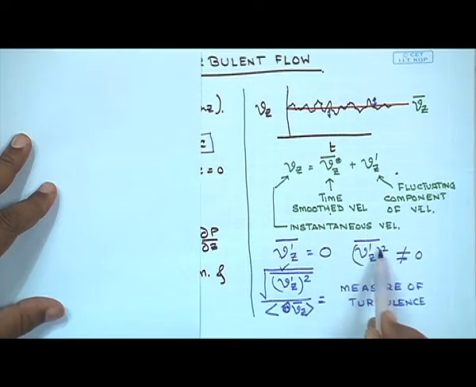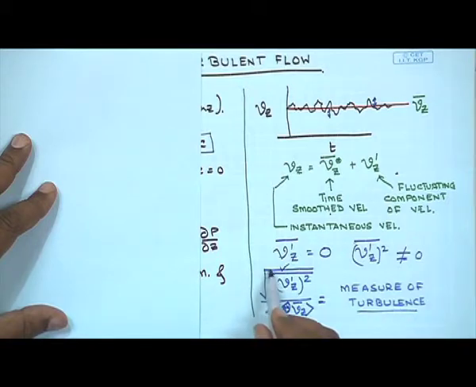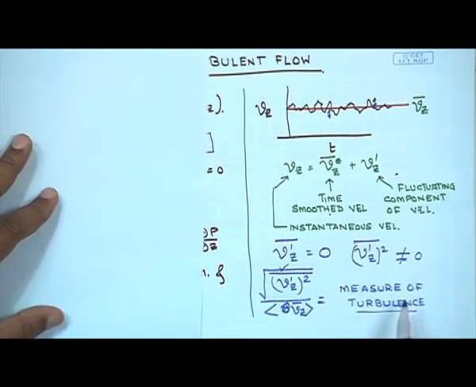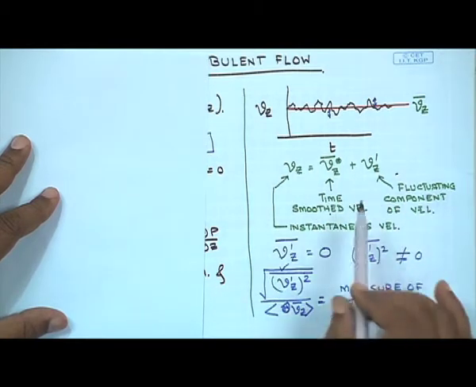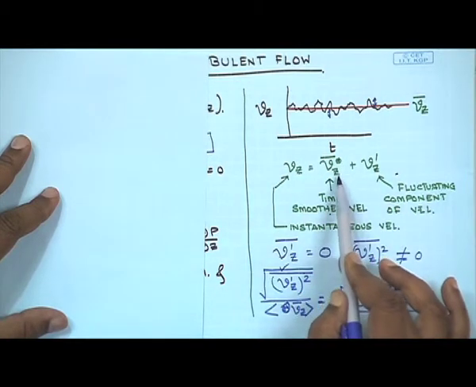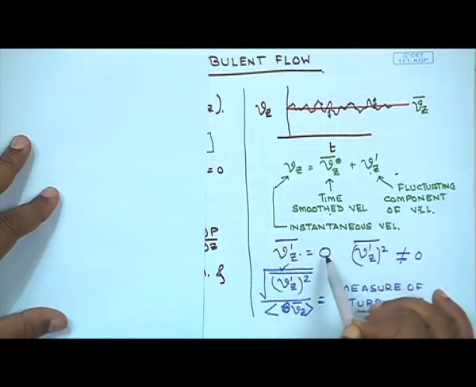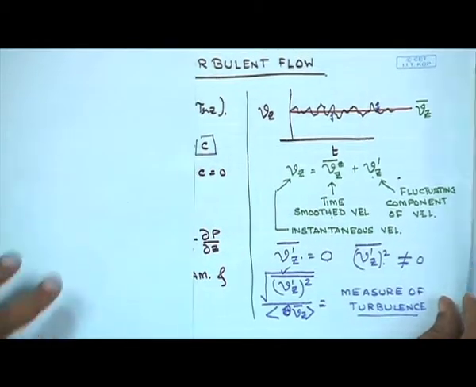But V prime Z square, if you take the time smoothing of that, will not be equal to 0. So, sometimes the measure of turbulence is expressed as the square root of the time smooth of the fluctuating velocity squared divided by the time smooth velocity, and this is known as the measure of turbulence. But again, the point here is that the velocity fluctuates. The fluctuating part, when you take the time smooth, is equal to 0, but the square of that is not going to be equal to 0.